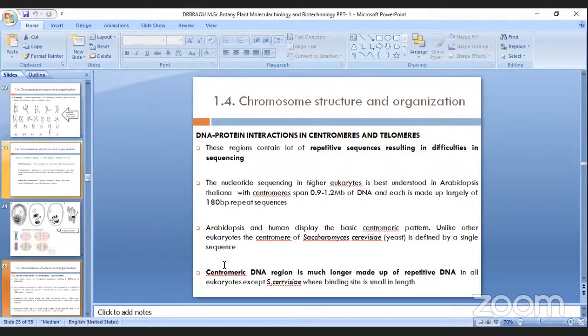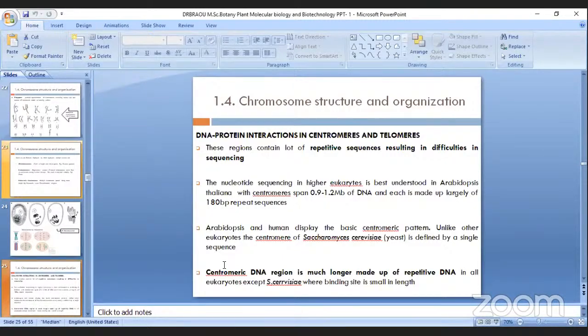Next, we'll see about DNA-protein interaction in centromeres and telomeres. These two regions generally contain many repetitive sequences. In Arabidopsis and humans, they both display a basic, almost similar centromeric pattern.